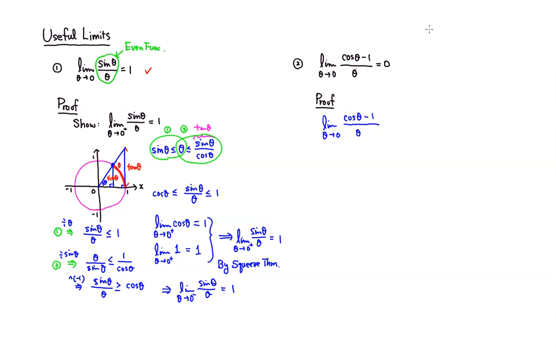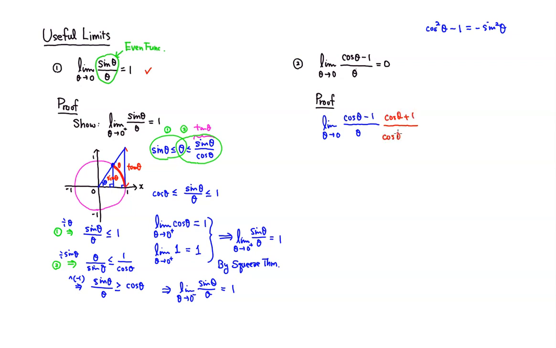We know that cosine squared of theta minus 1 is the same thing as negative sine squared of theta. So what we can do is multiply top and bottom by cosine of theta plus 1.